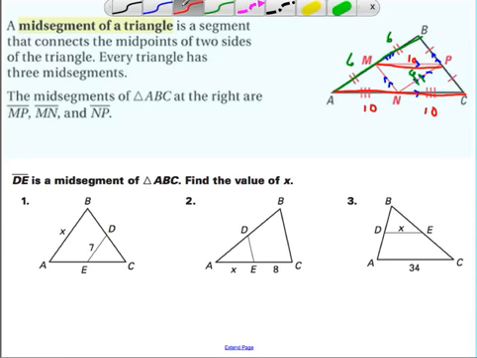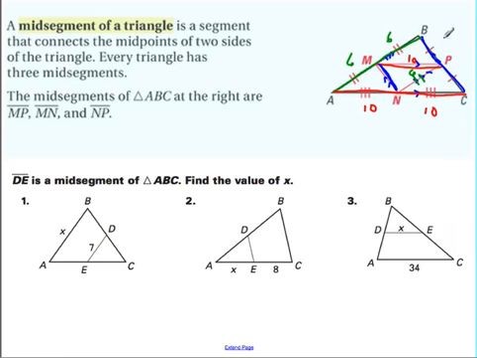If I pick a third color, let me pick blue. We could talk about MN right here being half the length of this total side. If this was, say, 7 and this is 7, then this right here is also going to be 7. Each of these smaller triangles will have a green side, a red side, and a blue side.